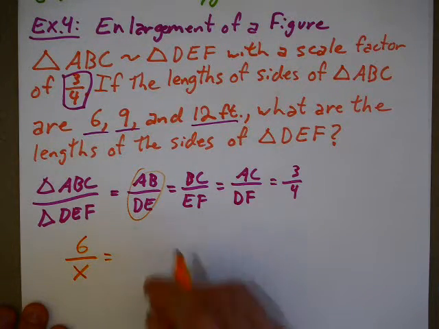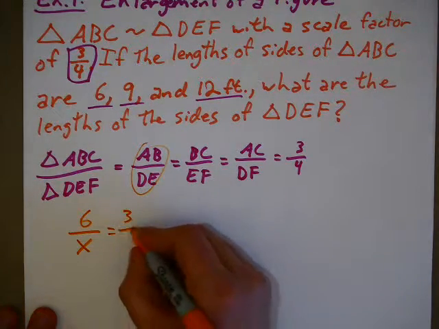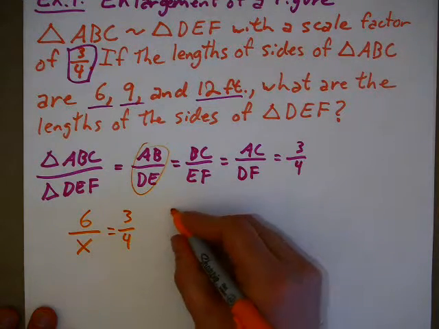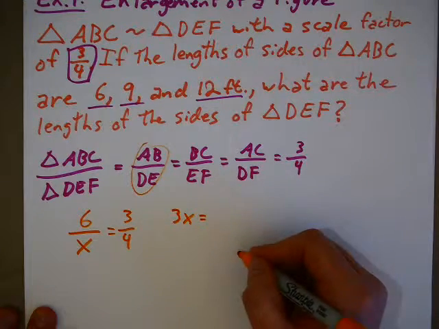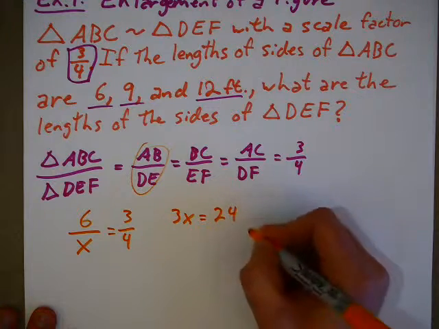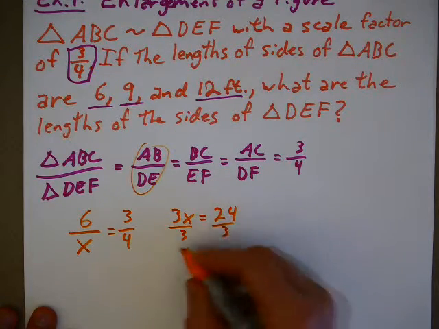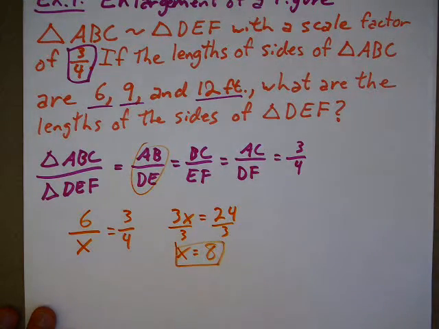But I do know that is going to equal my scale factor of 3/4. So I'm going to cross multiply. 3 times x is going to equal 6 times 4, which is 24. And then I'll divide both sides by 3. So my first side is going to be 8.